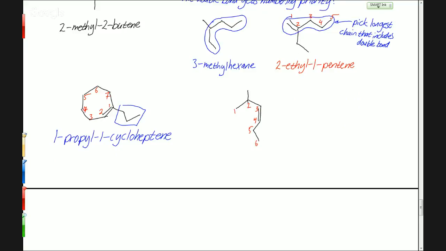So that ends up having a substituent on 2, a methyl. And so that becomes 2 methyl, 3 hexene. We're good? Okay. Okay.